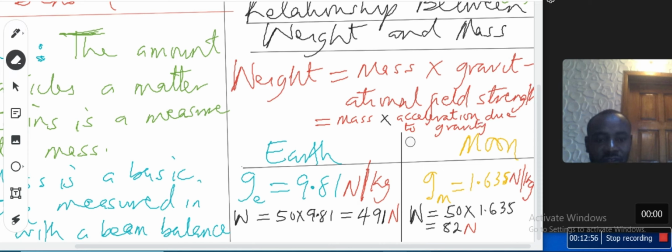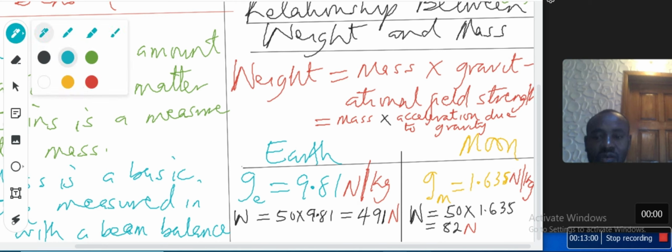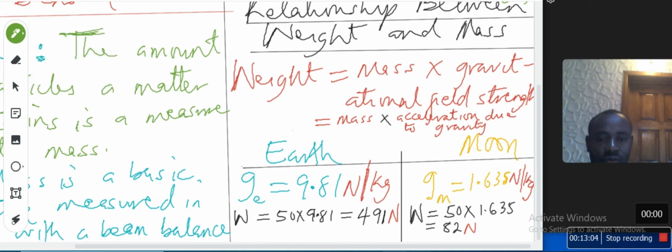In fact, the general formula is this. Let me write it. W is equal to mg. All right, we're making progress.